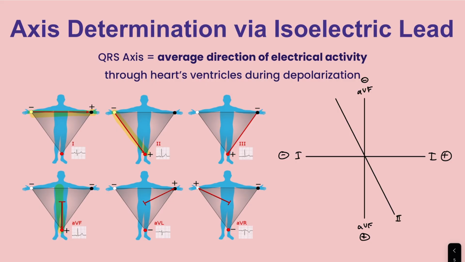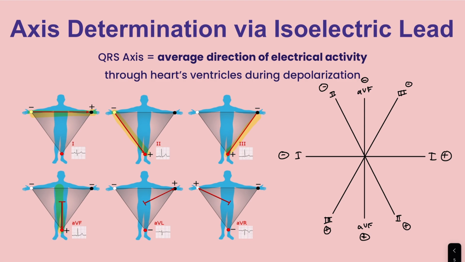Not everything is going to be perfect, but you've got to bear with me. So lead 2, matching to the best of our ability the direction, is positive on the bottom, negative on the top. We can approach the same thing with lead 3 and draw it something like this. Positive down here and negative up there.